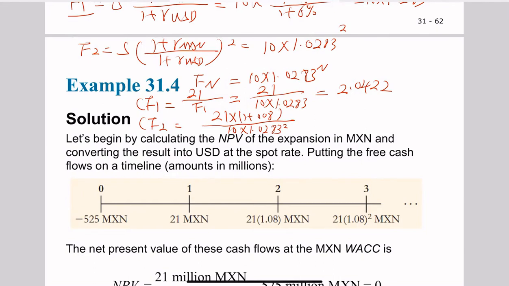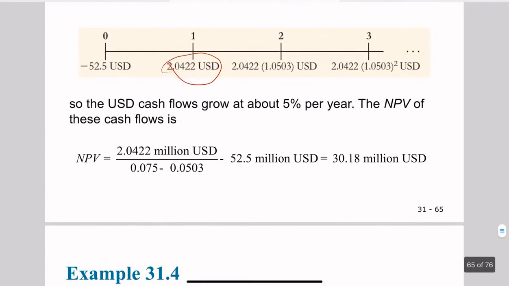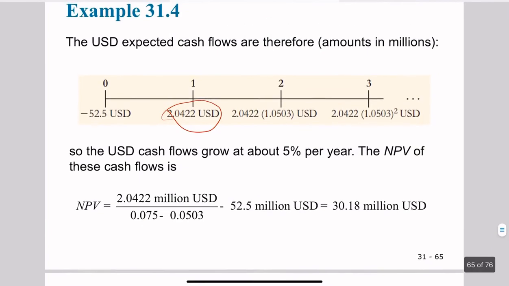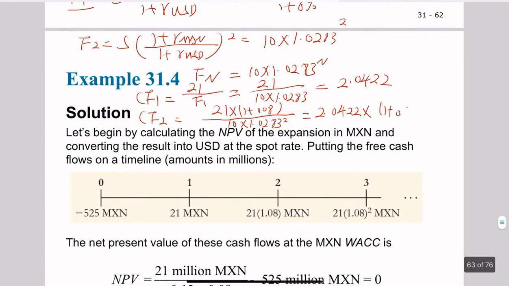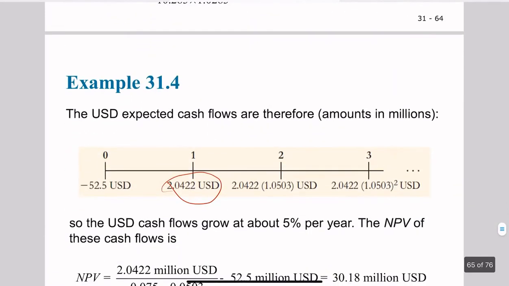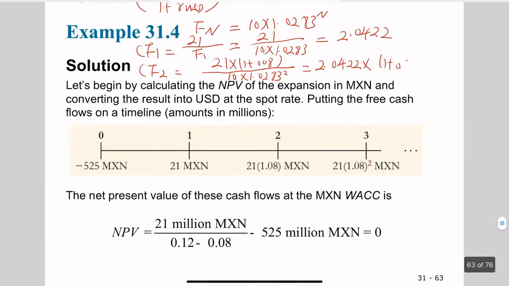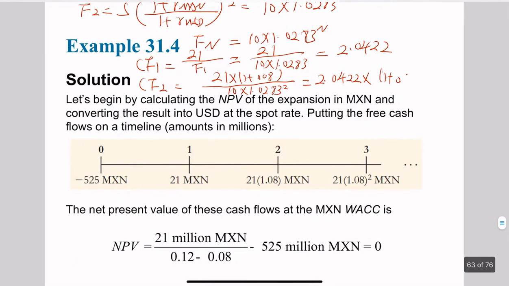This will give us 2.0422 times 1 plus 0.0503.